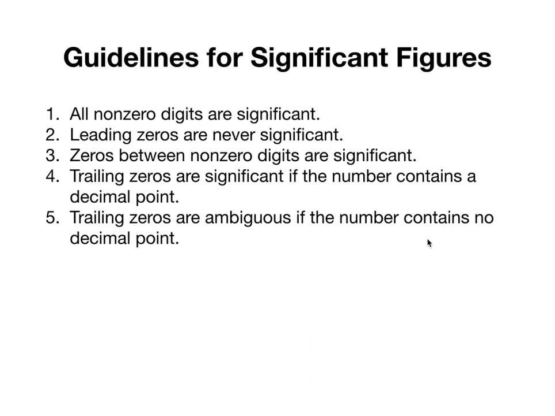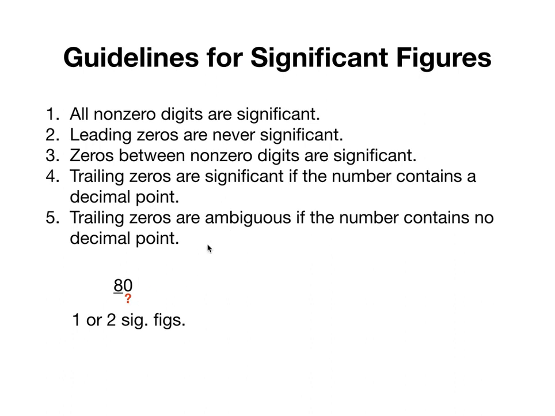All right. Now, number 5, trailing zeros are ambiguous if the number contains no decimal point. Okay. So if we see a number written like this, 80, okay, we know that 8 is significant, but we don't know if that 0 is.